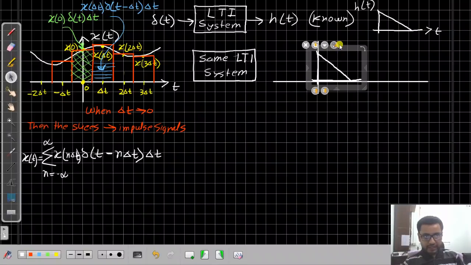So I will increase the height accordingly. Then after that, I shall calculate the output for this impulse.